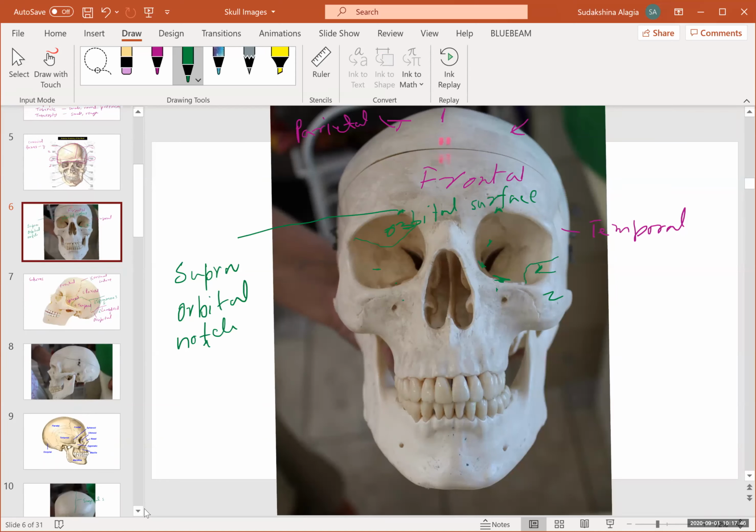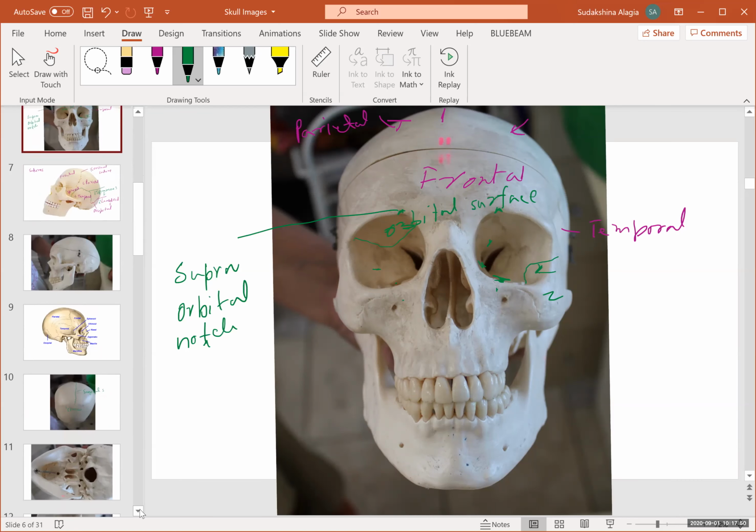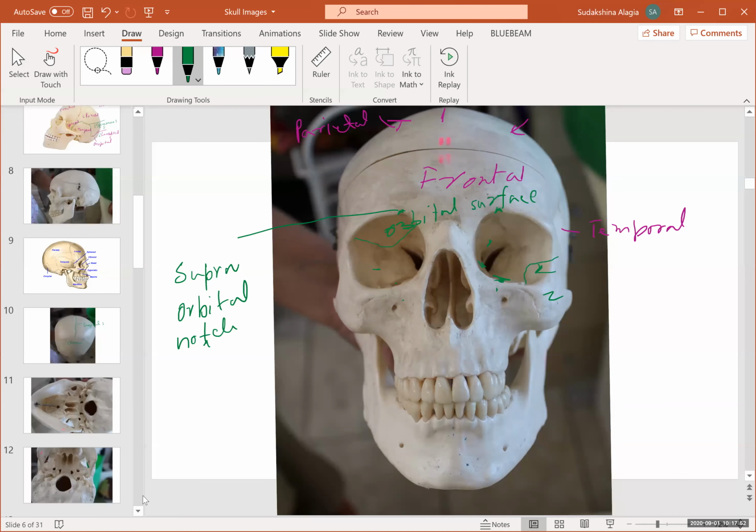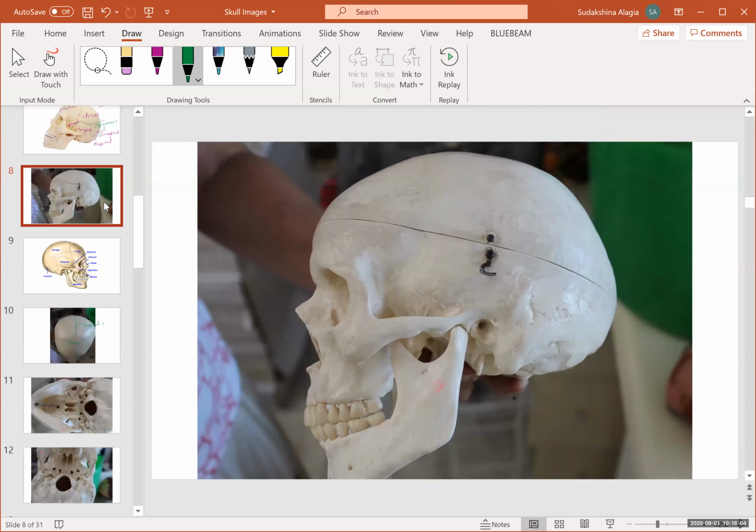The parietal bones, we don't have a whole lot. Let me go over the occipital bone. Occipital bone also, we don't have a whole lot, we just have two. So let's look at the posterior view here. Just like we looked at the lateral view here, occipital bone is best visible in the posterior view.